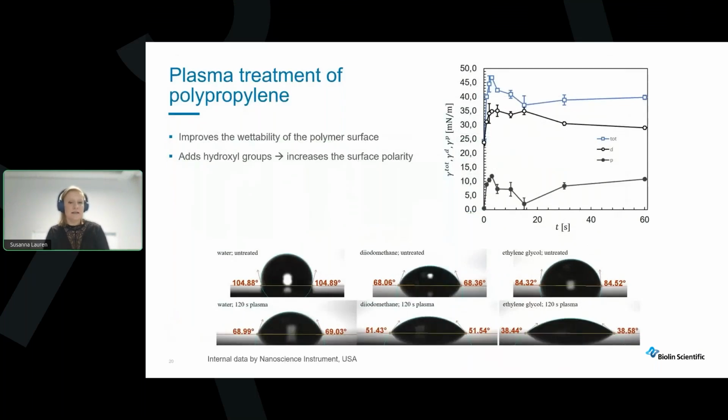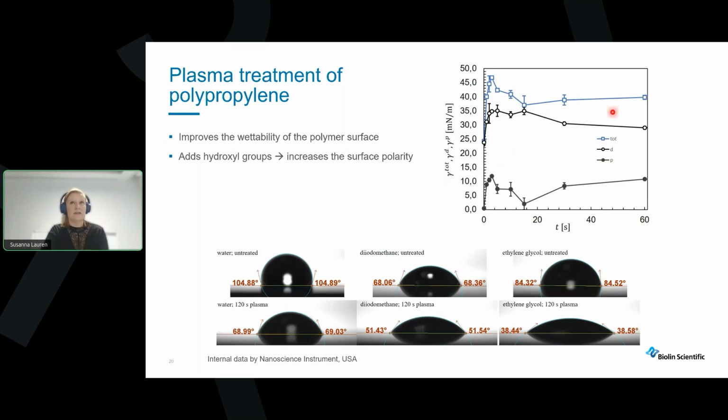Here is another case study where plasma treatment of polypropylene has been monitored with contact angle, and now here you can see measurements done with different liquids. So these are the probe liquids that you would typically use if you want to calculate the surface free energy of your solid.